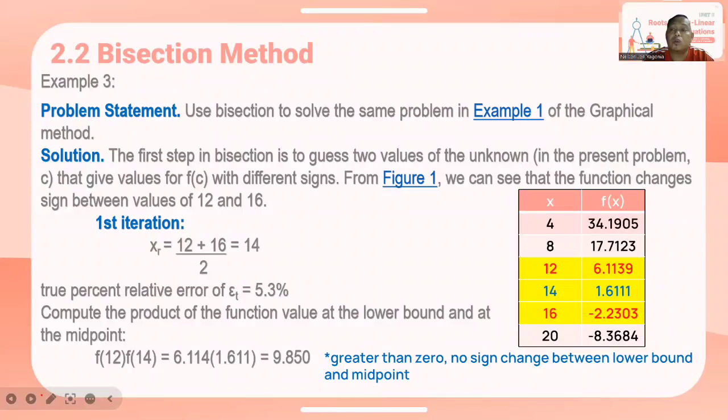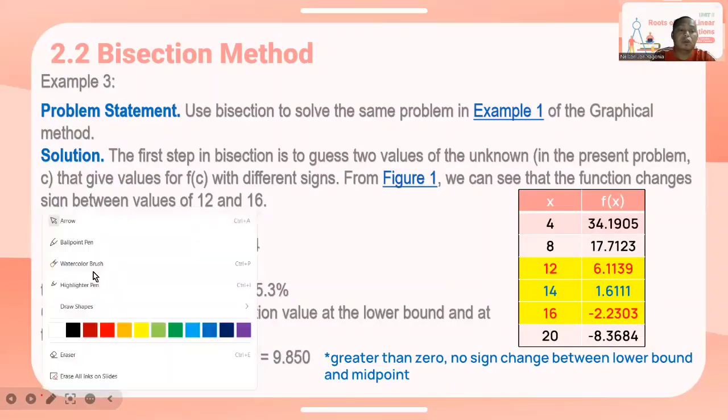Then we shall compute the product of the function value at the lower bound and at the midpoint. So we get function of 12 times the function of 14 is equal to 9.85.